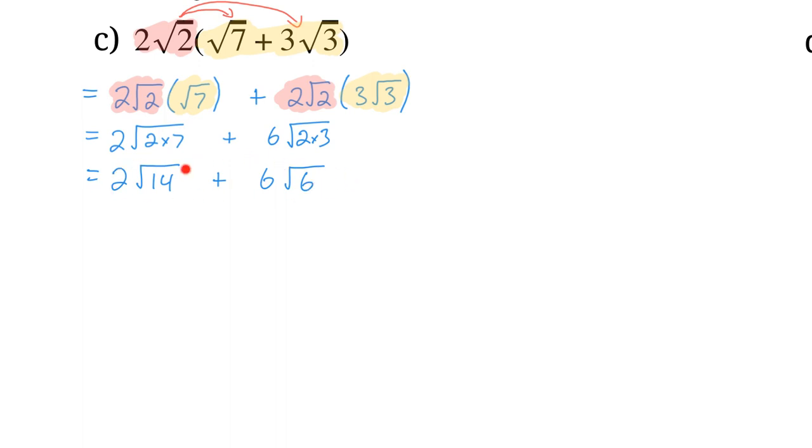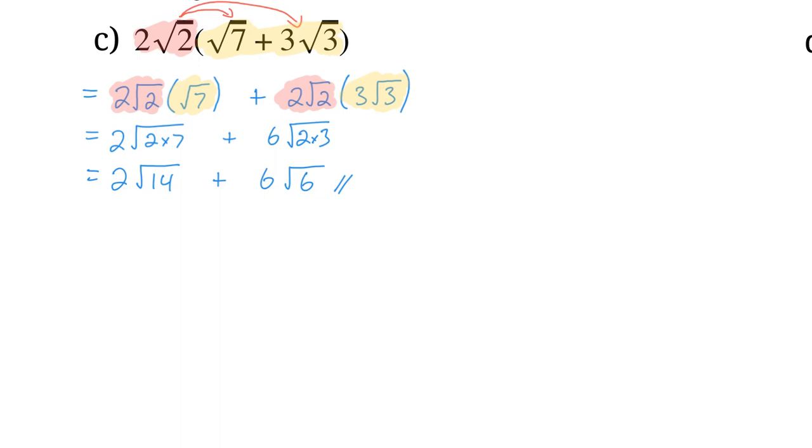Can we add 2 root 14 with 6 root 6? We actually cannot. The thing with adding radicals is that underneath the square root, that number needs to be the same. So we treat them like variables. And since these are not similar, they're not the same number, we cannot add them. Okay, so this would be our final answer.